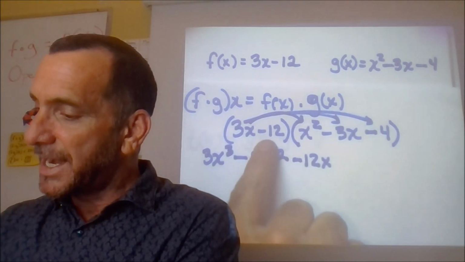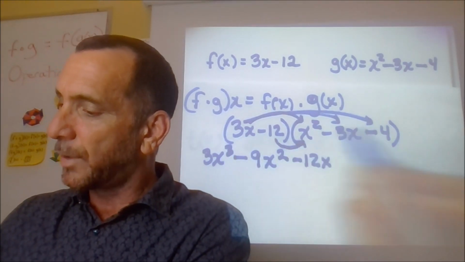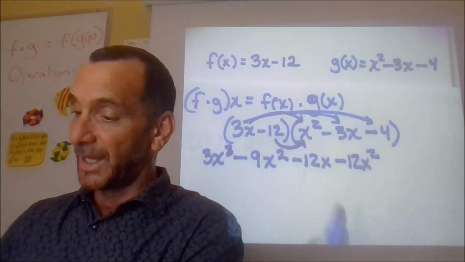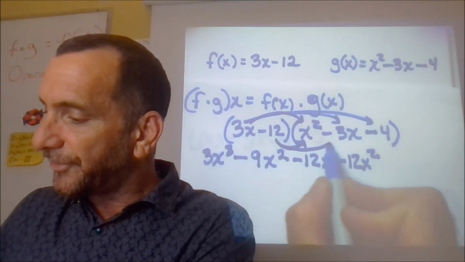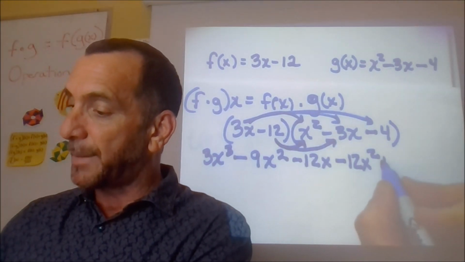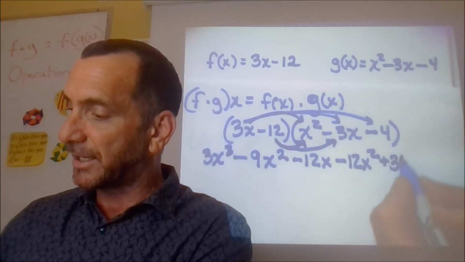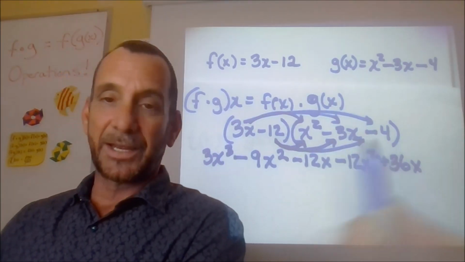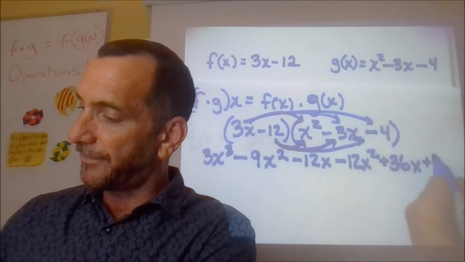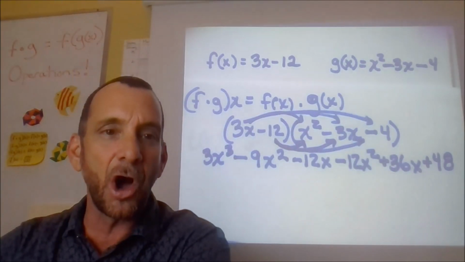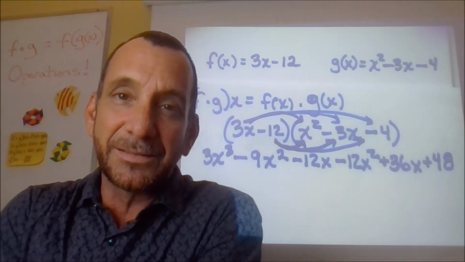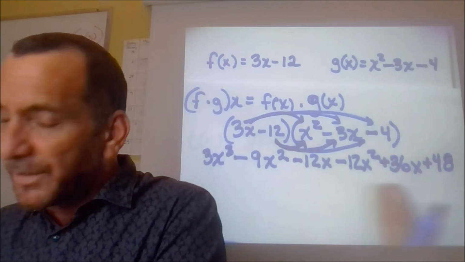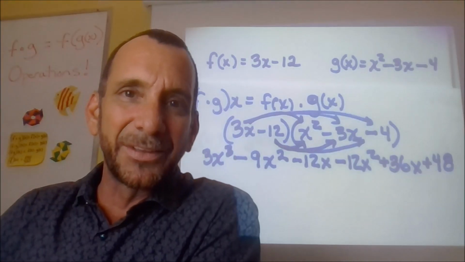So let's do this. Negative 12 times x squared is minus 12x squared. Then we've got negative 12 times negative 3x is a plus 36x. And negative 12 times negative 4 is plus 48. We've got this long, seemingly daunting expression, but really it's not, because all we have to do is be very careful and combine the like terms.